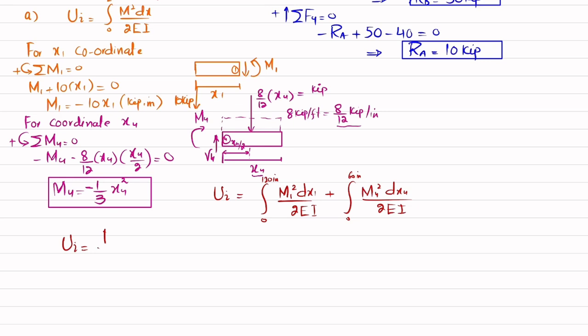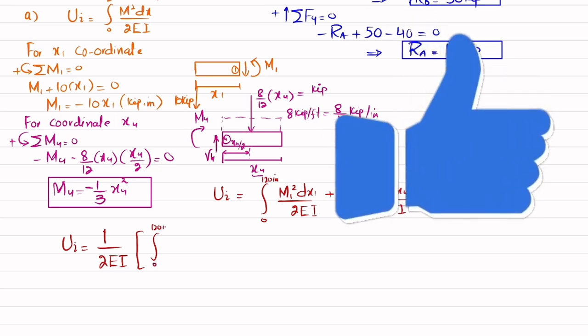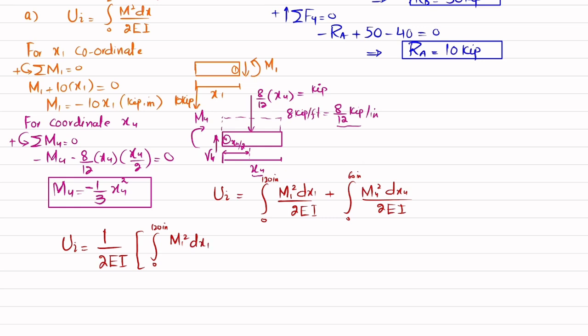We can take 1 over 2E common because the material is the same and I is the same.